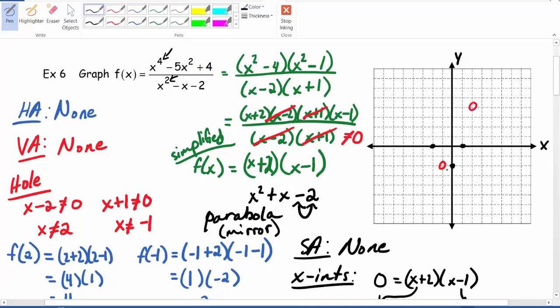I do know that the x value would be negative 1/2. But let's say, for example, it would be right here. Well, then a rough sketch of what this graph would look like would be something like this.